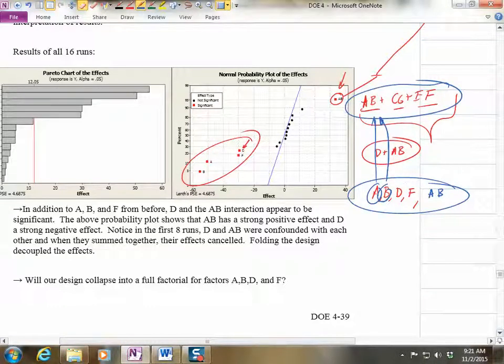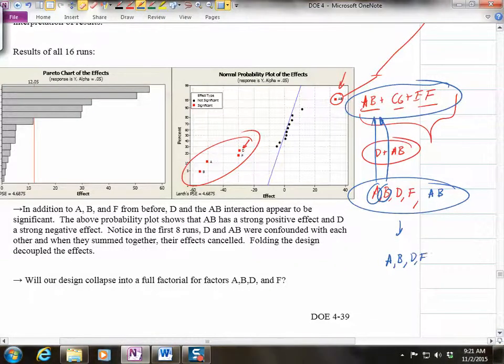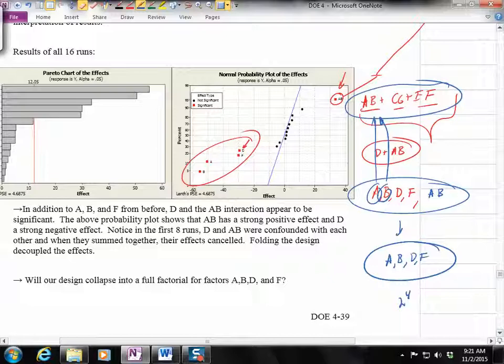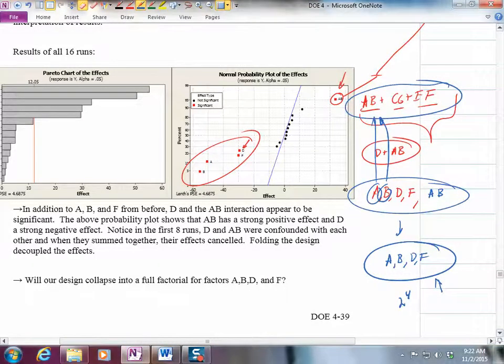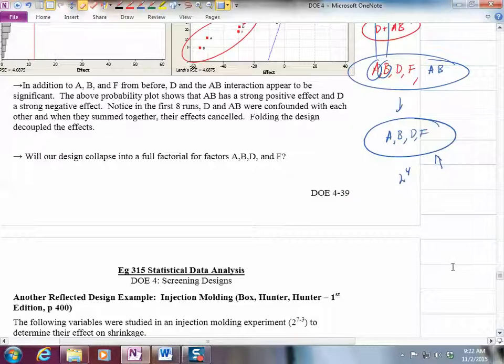So the next step would be we could take these 4 factors and run a full factorial with them. We might already have that when we drop the other factors, probably not in this case, but the next step in our design would be, let's look at these 4 factors, let's run a full factorial, then we'll get all the two-way interactions between them without confounding, and after that we will do our center points, which is what we started this whole business with, right?